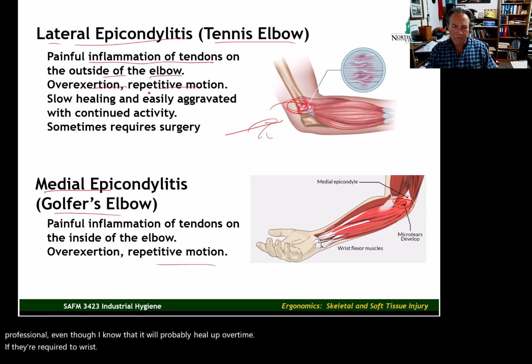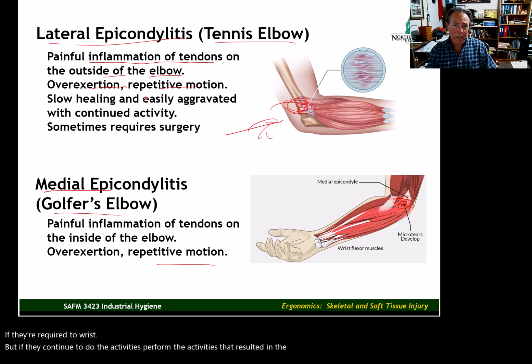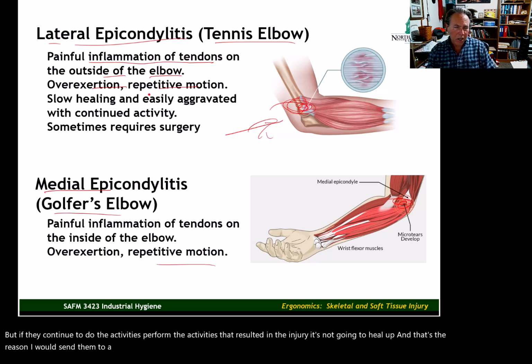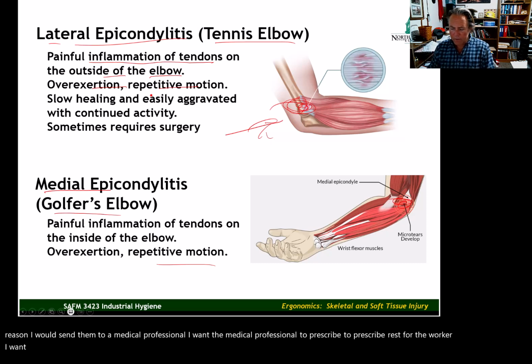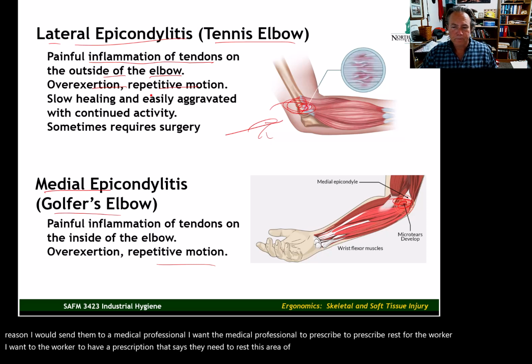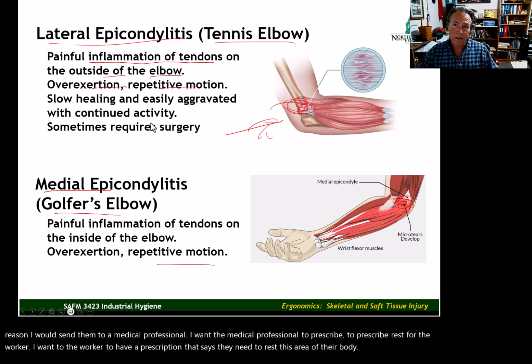But if they continue to perform the activities that resulted in the injury, it's not going to heal up. And that's the reason I would send them to a medical professional. I want the medical professional to prescribe rest for the worker. I want the worker to have a prescription that says they need to rest this area of their body, because that's really the only way it's going to heal up.